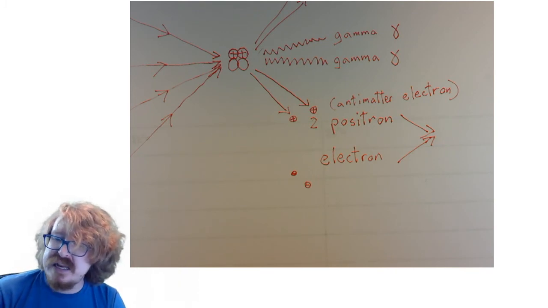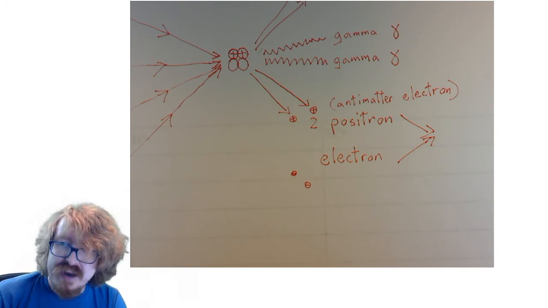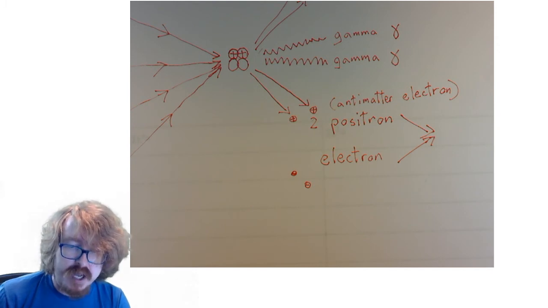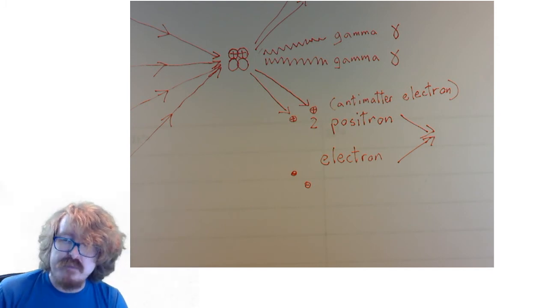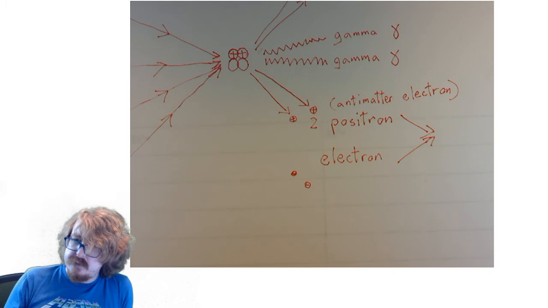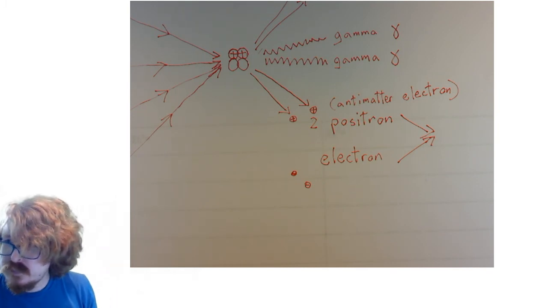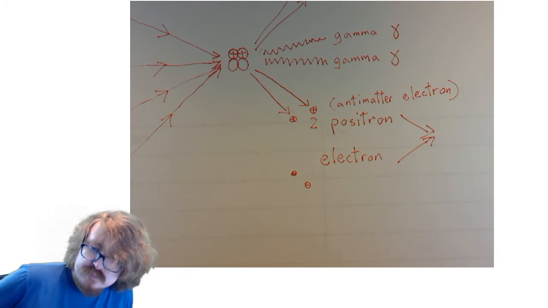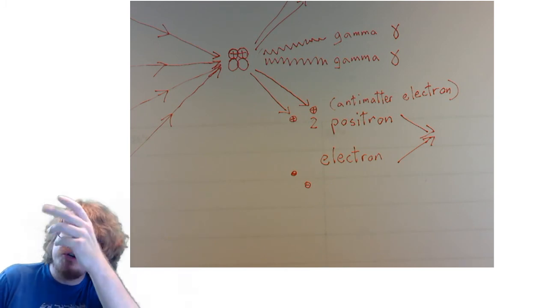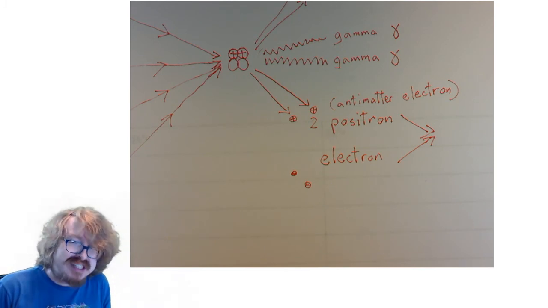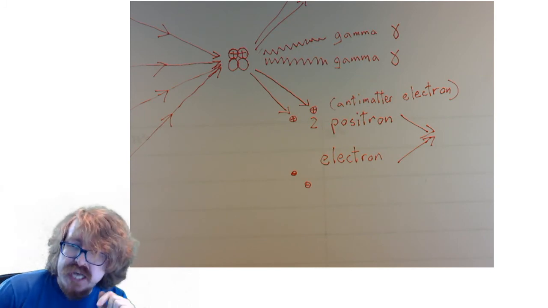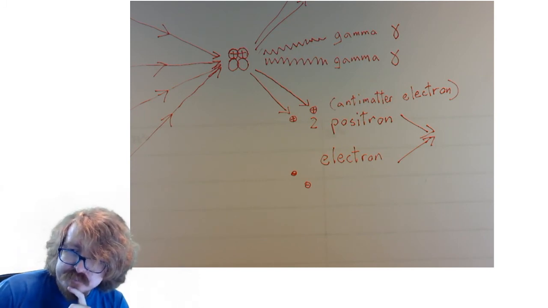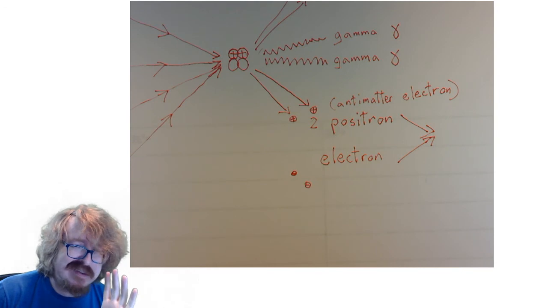Does anybody know what happens in a sci-fi movie when matter and antimatter come together? Yeah, it's usually an explosion. And it turns out that this is one of the few times where sci-fi movies are basically right.